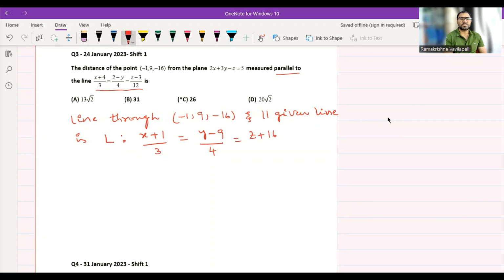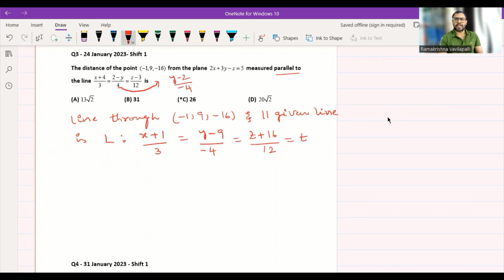So we have to observe very clearly. By rewriting, it becomes (y minus 2) by minus 4. So here you write minus 4. (z plus 16) by 12 equal to something.